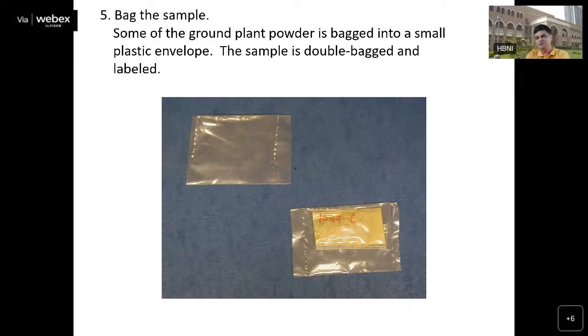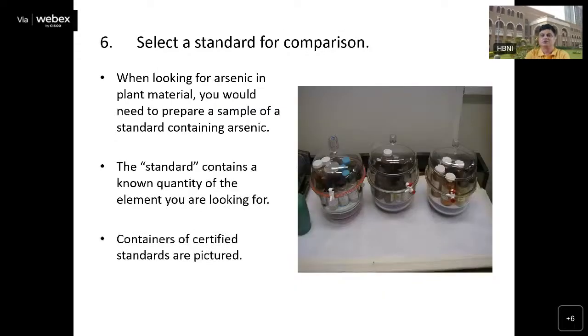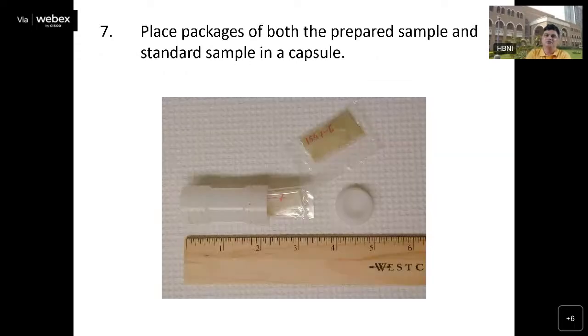You must have vegetation samples where the concentrations of the different elements, your target analytes, are known exactly. So you prepare standard samples also, which you put along with your sample.